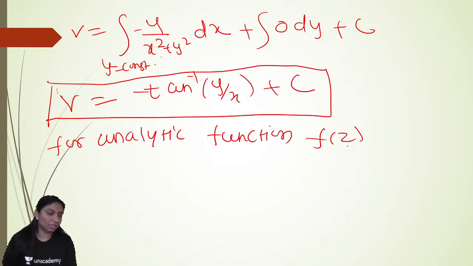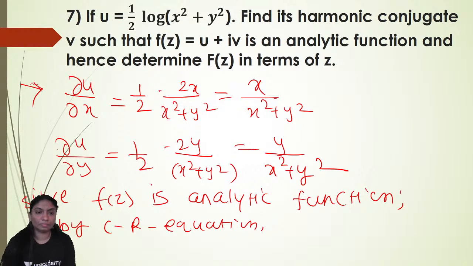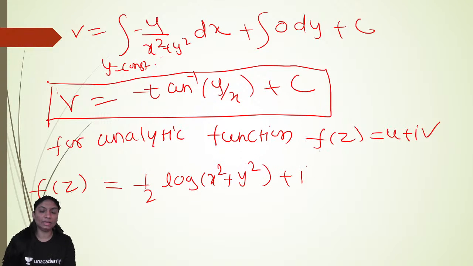Now, for an analytic function f of z is equal to u plus iv. So f of z is equal to, here u is 1 by 2 log of x square plus y square, plus i into, here it will be minus i into tan inverse of y by x.